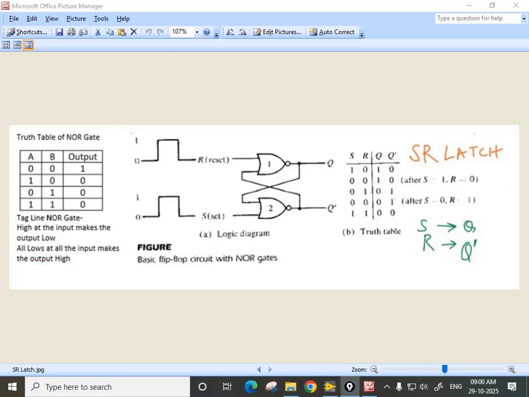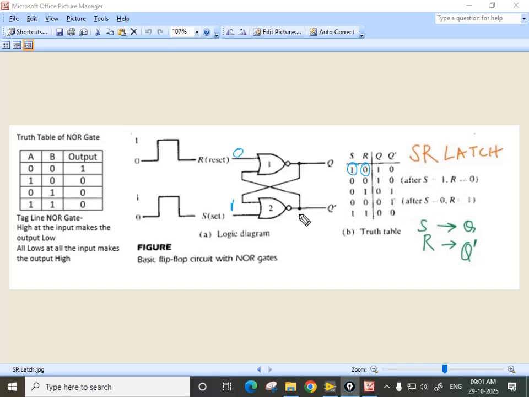Now let's see the working. If we see the first entry of the truth table, S equal to 1, R equal to 0. We remember that 1 at the input makes the output low.